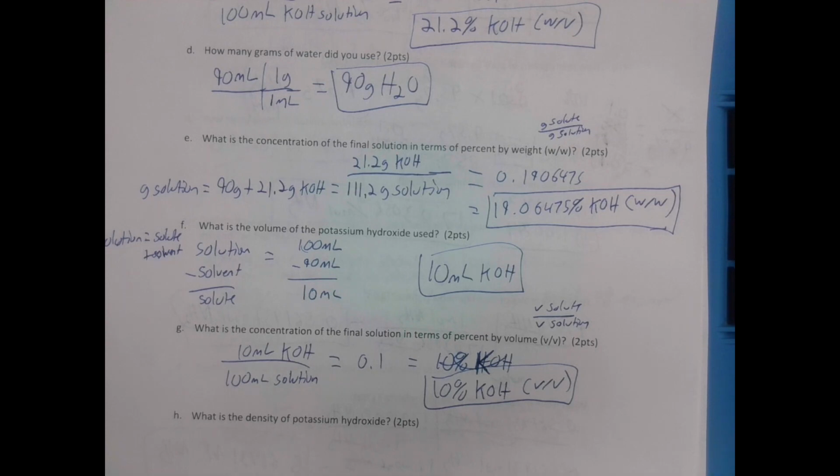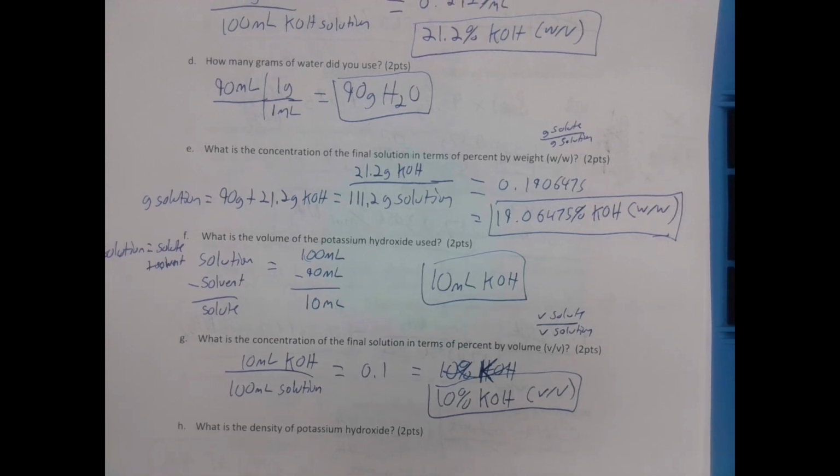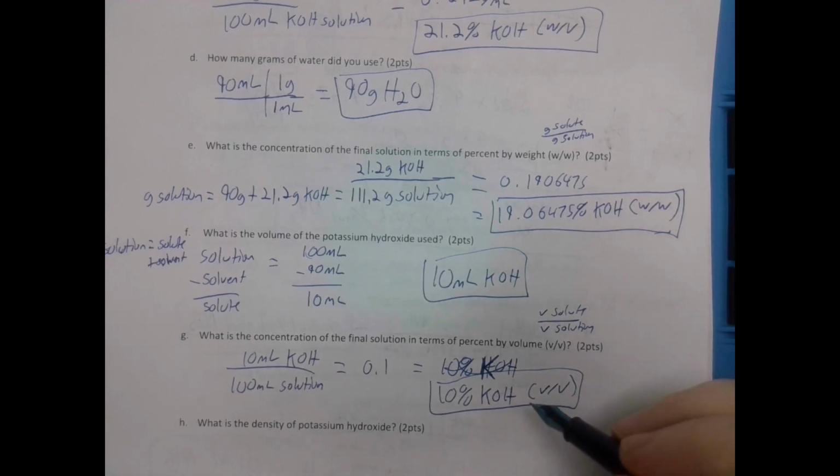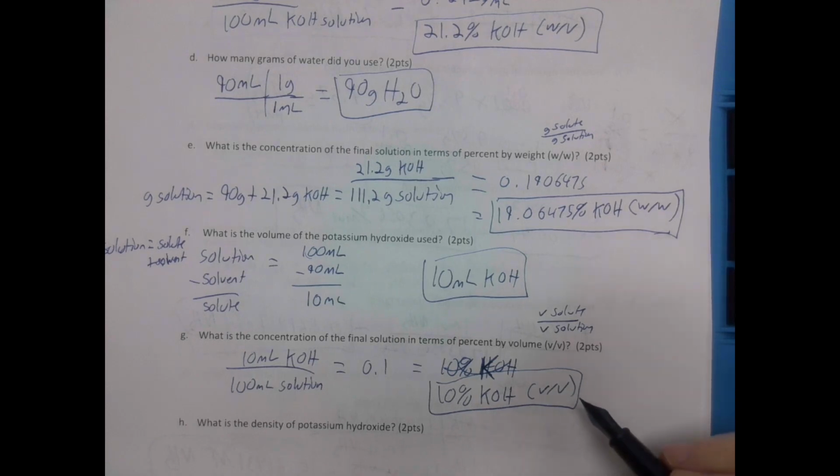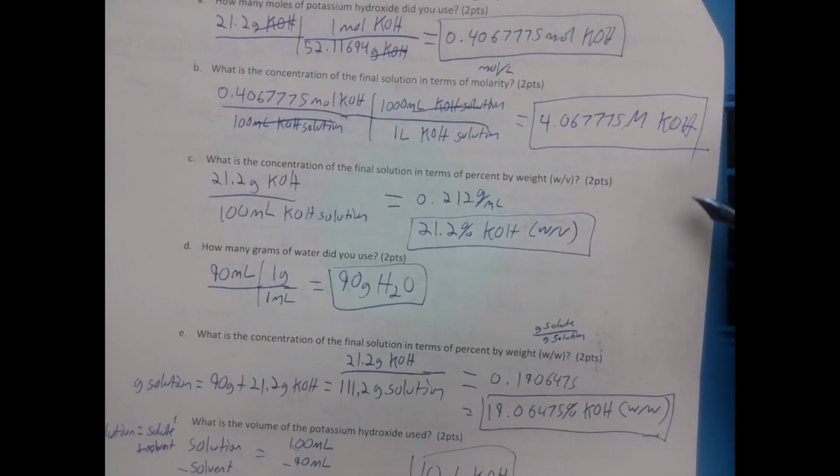I did this problem to show you that you can express the concentration in multiple ways, and you have to be very careful, especially when dealing with percentages. This is why molarity is the preferred concentration to use in chemistry. This tells you exactly what you need to do chemistry with.